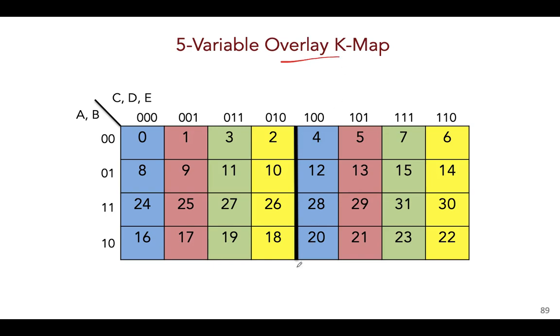Although in appearance it looks similar to the 5-variable reflection K-map, the difference between this one and the other one is that the second half of this K-map is actually supposed to be overlaid on top of this half. So now this central line is not a mirror. The central line is not a mirror. Instead, this is how you have to visualize it.